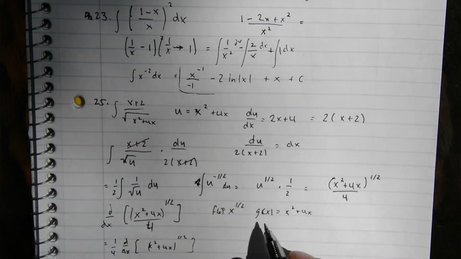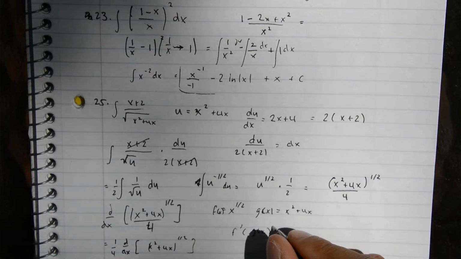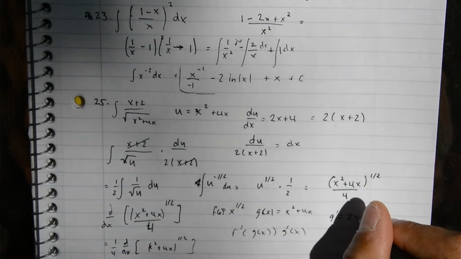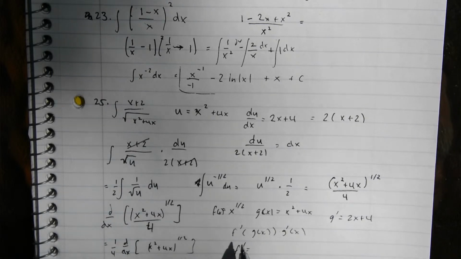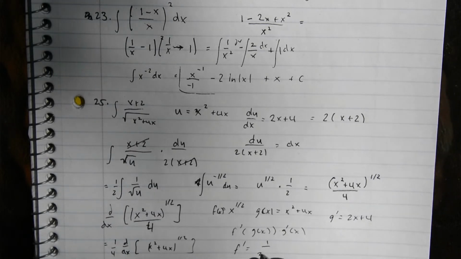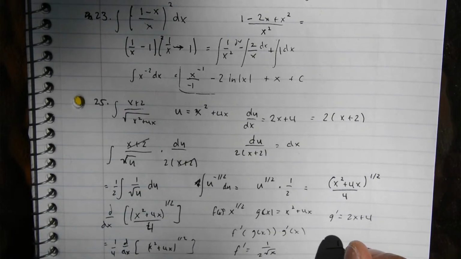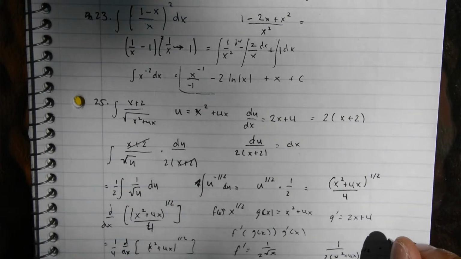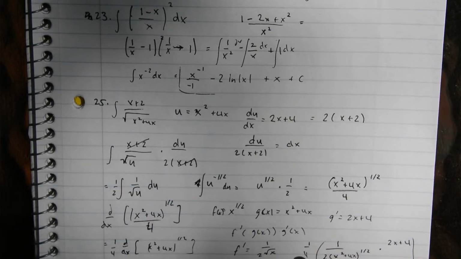So then all we have to do is get f prime of g of x times g prime of x. g prime is equal to 2x plus 4, and f prime is equal to 1 over 2 root x. So we're gonna get 1 over 2 times x squared plus 4x to the 1/2 times 2x plus 4, and then this is all 1/4.